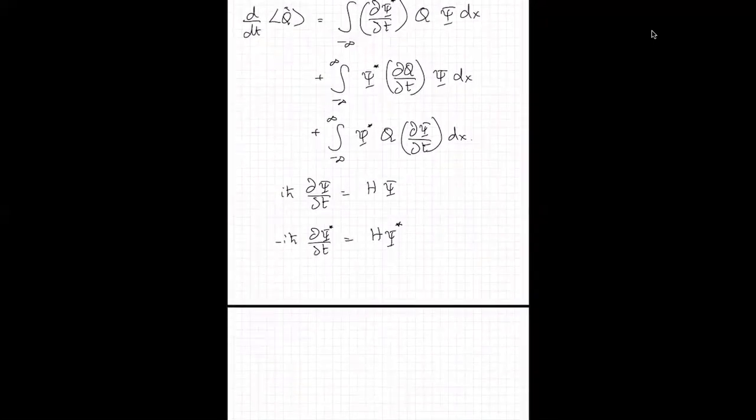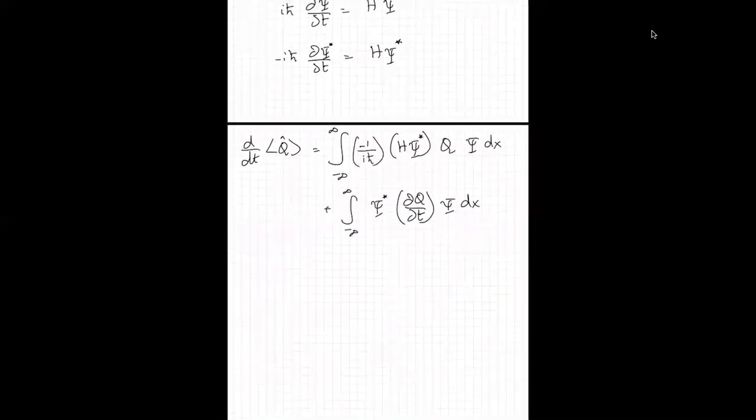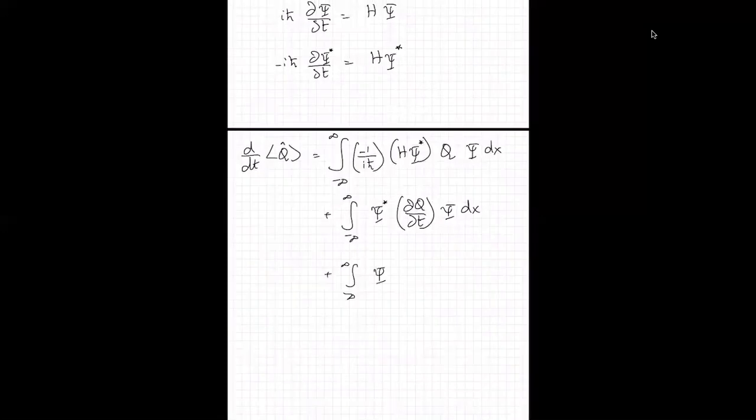So the first term becomes d/dt of q equals the integral from minus infinity to infinity of minus 1 over i h bar, H psi star q psi dx, plus the integral of psi star dq/dt psi dx, plus psi star q H psi dx.